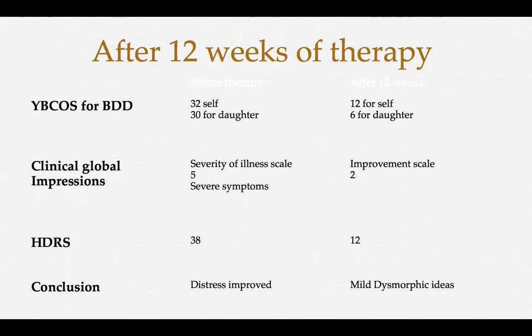And the HDRS scale, which was 38, now shows 12. So the conclusion was that her distress improved and she had only mild dysmorphic ideas after the 12 weeks of treatment. So this indicates that a combination of psychopharmacotherapy along with cognitive behavioral therapy and positive body reinforcement is very effective.